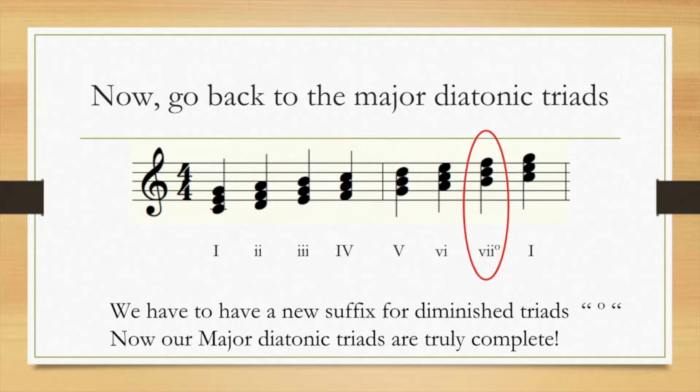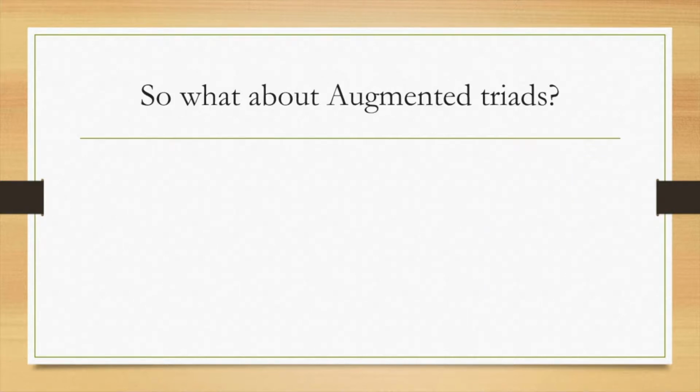That's how you denote a diminished triad. We have to have that little suffix there so that we know it is 2 minor thirds on top of each other. Now, our major diatonic triads are truly complete when we put that in there. In the major scale, we have major triads, minor triads, and that 1 diminished triad.